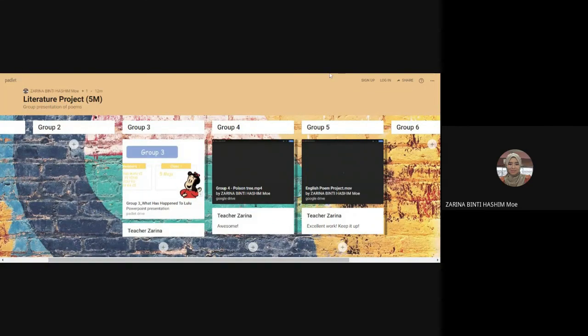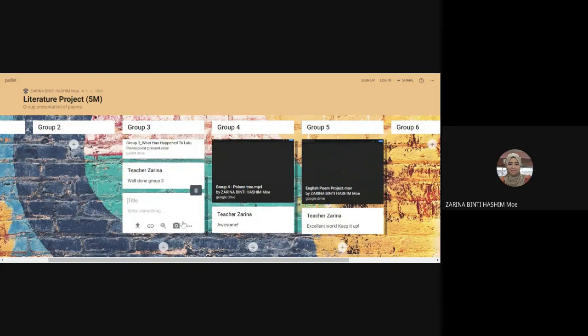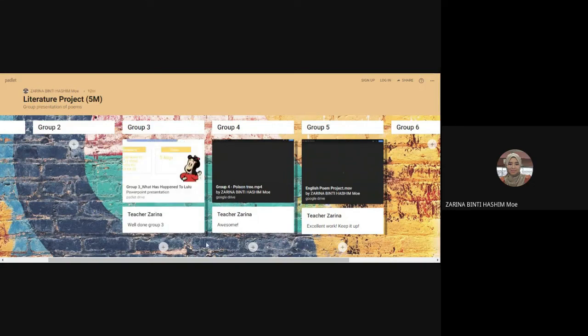I will share this Padlet in our WhatsApp class so that you can edit or upload your material here. Or if you want me to upload, that also can.